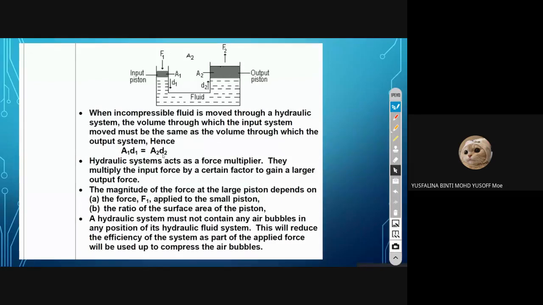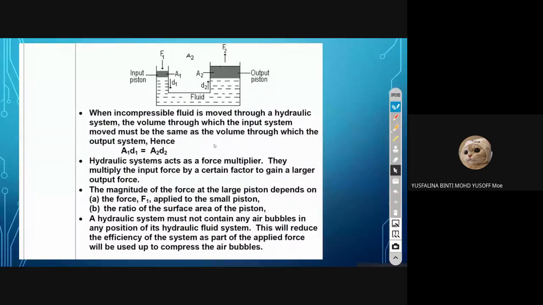The only difference is the distance. Here the distance is bigger, and here it is smaller. So the hydraulic system acts as a force multiplier.